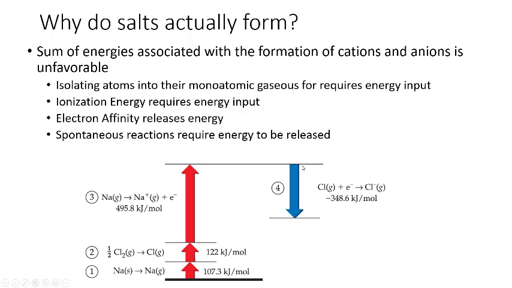Next, we see the electron affinity, which is a release of energy caused by forming the chloride anion by adding an electron to our chlorine gas. So what we have here is an overall net increase in energy, it seems, to form sodium chloride solid.